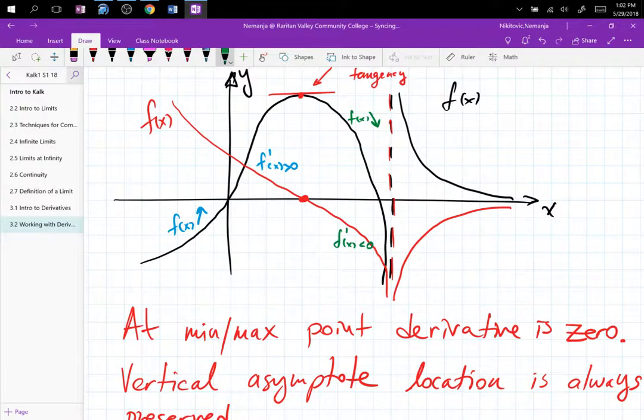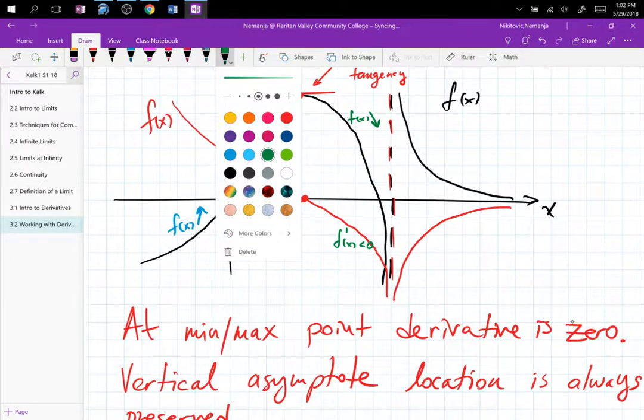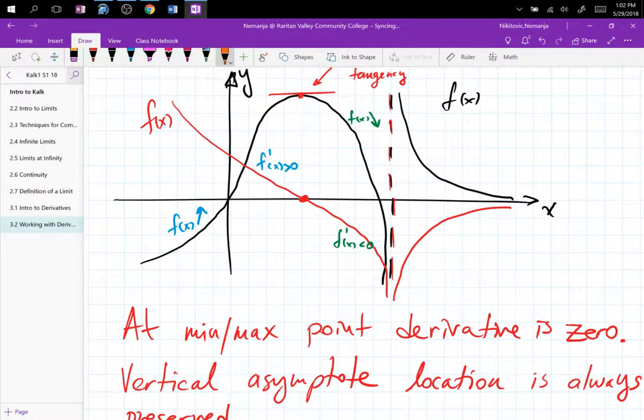And the last part is, what other color do I? Orange, I guess. The function f of x is decreasing, the derivative is negative. So those are the three parts.